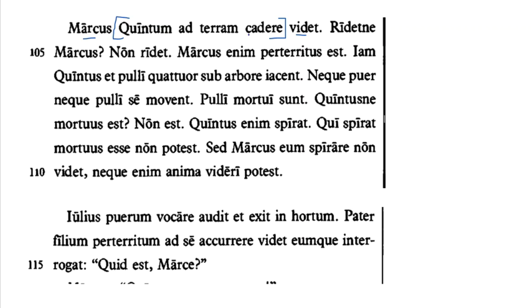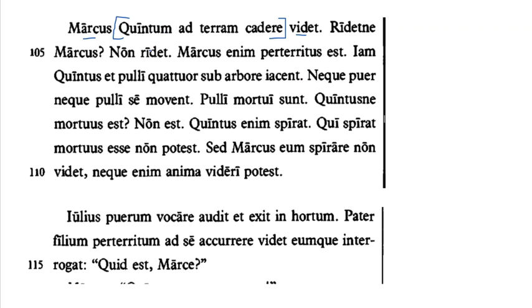So here, Marcus sees Quintus fall to the ground, ad terram cadere, right? But note that Quintus is effectively the subject of the clause formed after Marcus sees. You could also say Marcus sees that Quintus is falling to the ground.